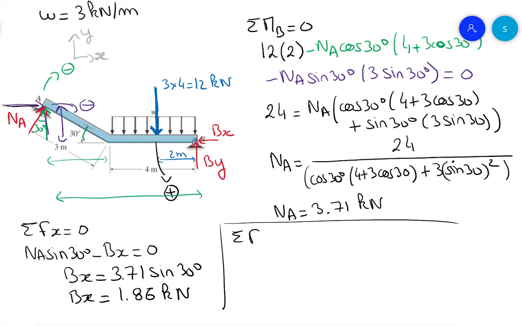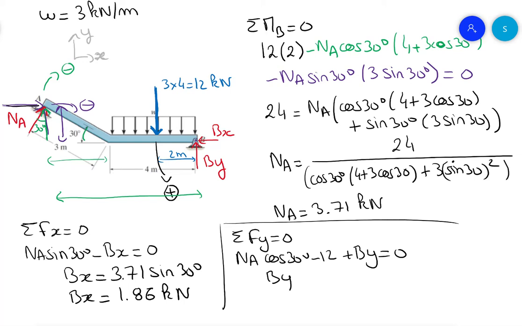And we will use the force on the y. So sum of the force on the y equals 0 for By. So we have NA cosine 30 for the green component minus 12, the distributed load, plus By is equal to 0.